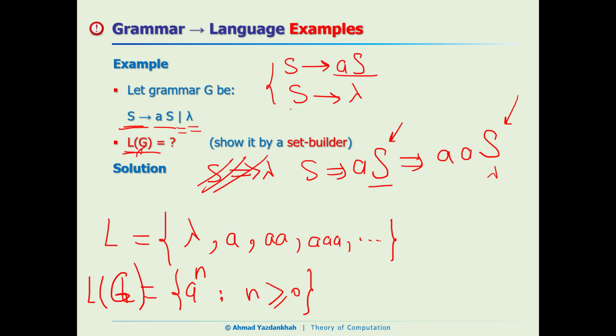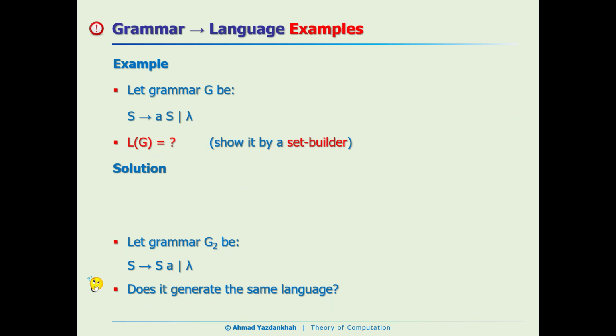Now the question is, if I change this grammar, instead of AS or lambda, to SA or lambda, is there any difference? What language is this grammar going to produce? Does it generate the same language? Yeah, the same thing. Again, S derives lambda.